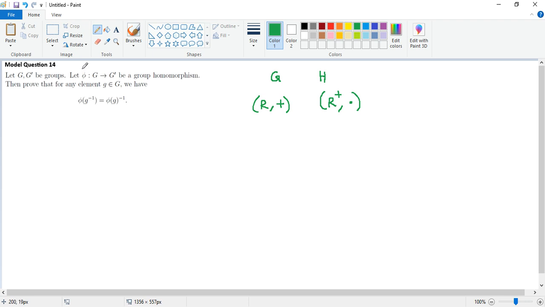In the question, that function is denoted by the alphabet phi. But usually we define a function from G to H like this: f is a function from G to H, right?